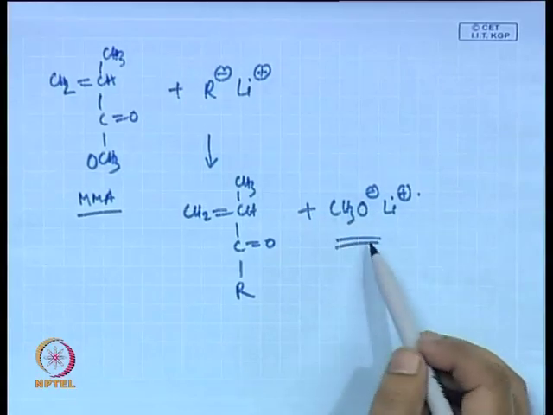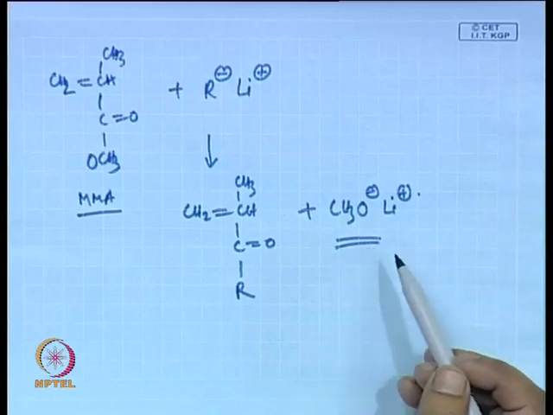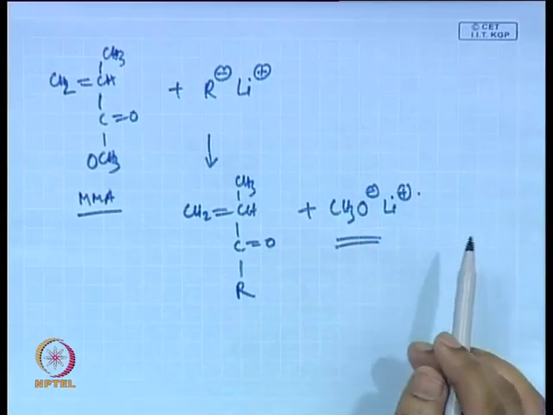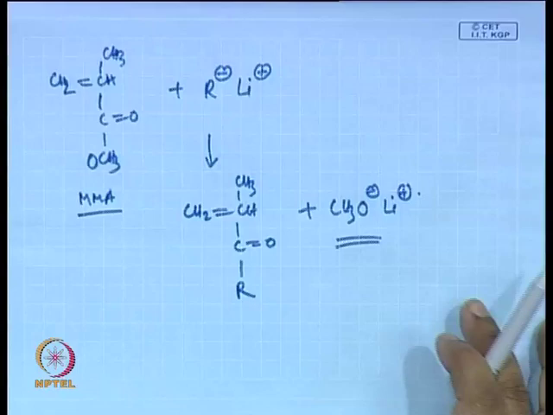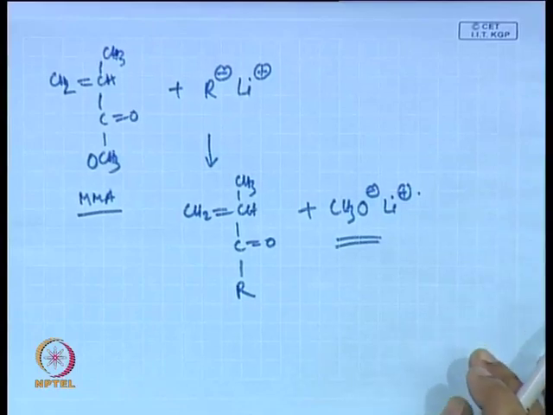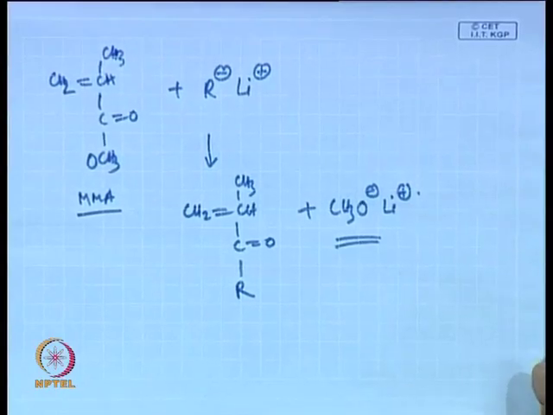Now, if the reaction is slowed down, then the dispersity problem comes, the polymer becomes much broader and the livingness becomes difficult to maintain.